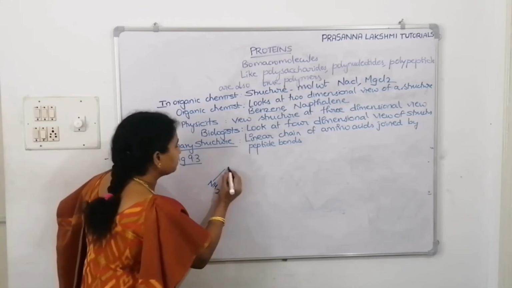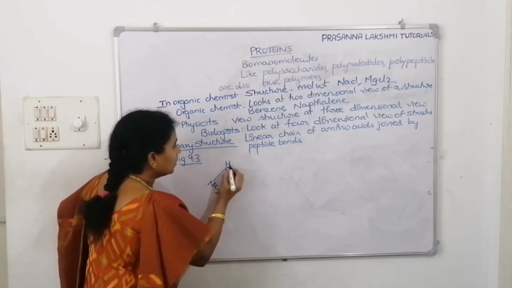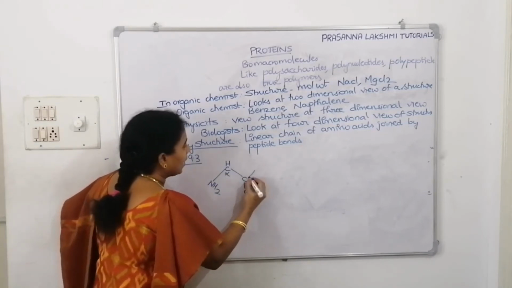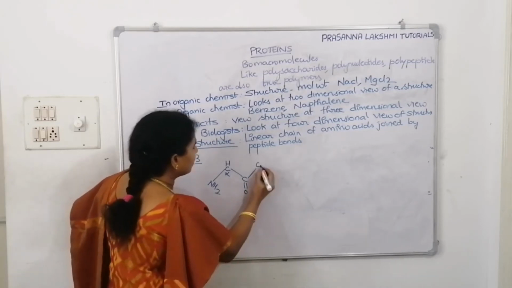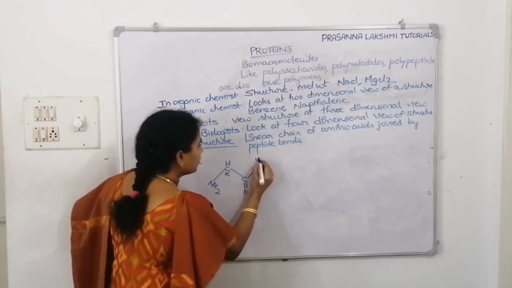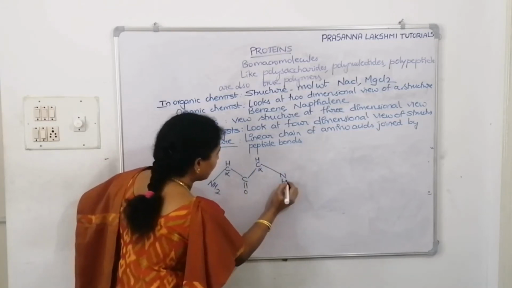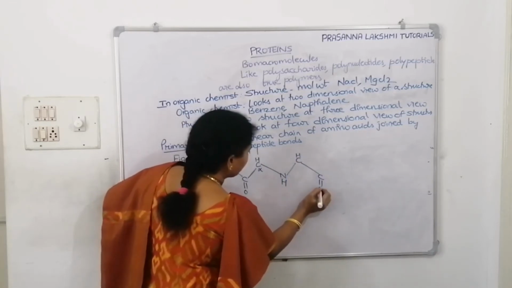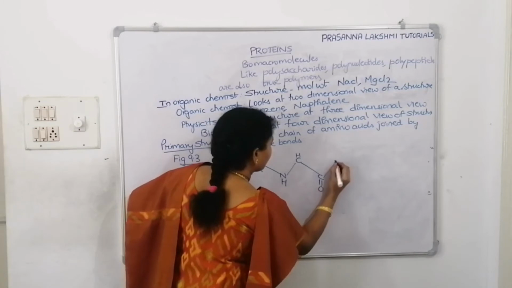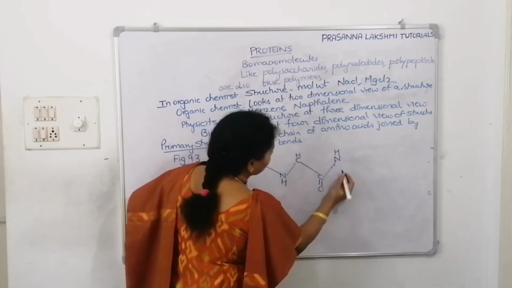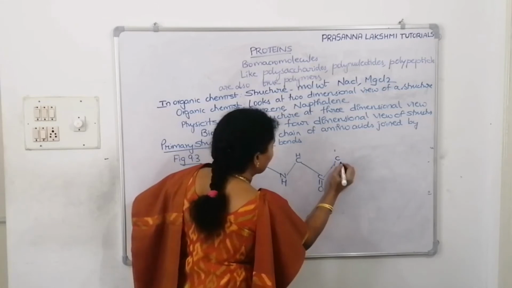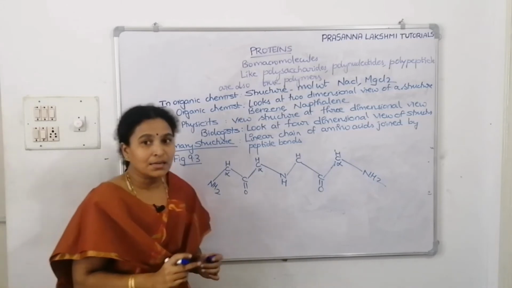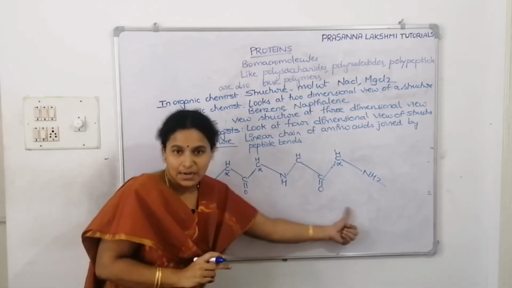The amino group, alpha carbon, R group, hydrogen, and the carboxylic group, and here again an alpha carbon, hydrogen, then again an amino group, again alpha carbon, and C double bond O, NH, C double bond O, then alpha carbon and then NH2. In this manner they show the primary structure, which is a linear structure.